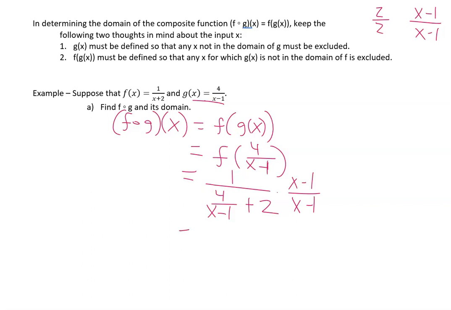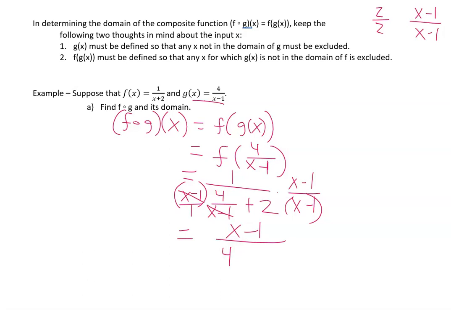So on top, I have 1 times x minus 1, which is just x minus 1. On bottom, I have two different terms, so both of them have to get multiplied by the x minus 1. So what I like to do is to go ahead and write it twice so I don't get tempted to forget to multiply one of them. So when I multiply x minus 1 times 4 over x minus 1, remember this is like over 1, so the x minus 1's on top and bottom divide out and leave me with just 4.